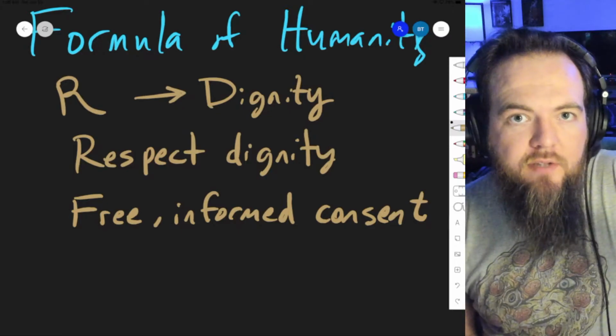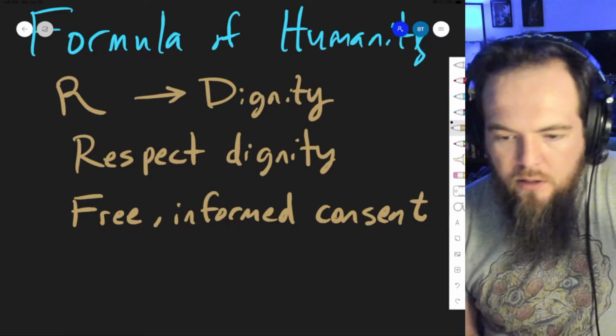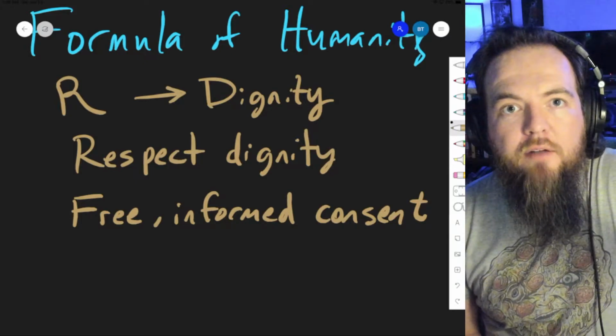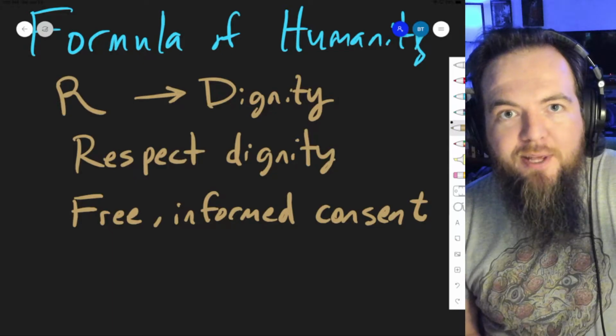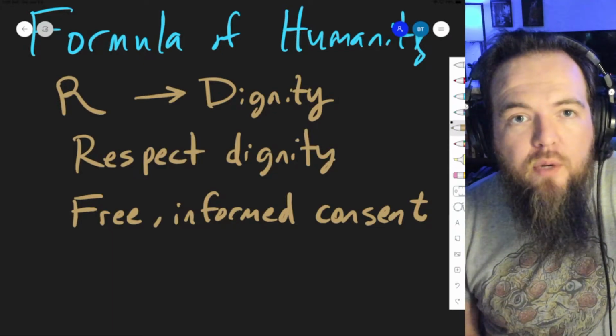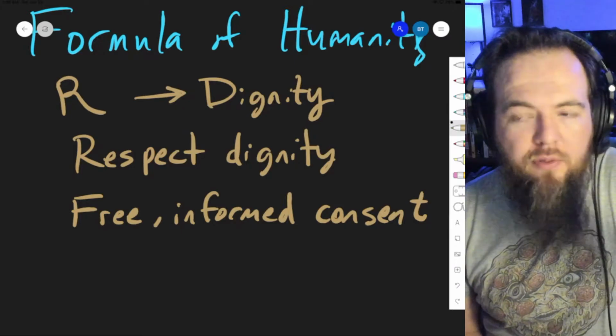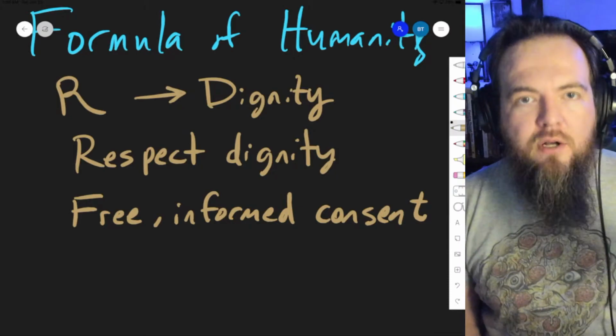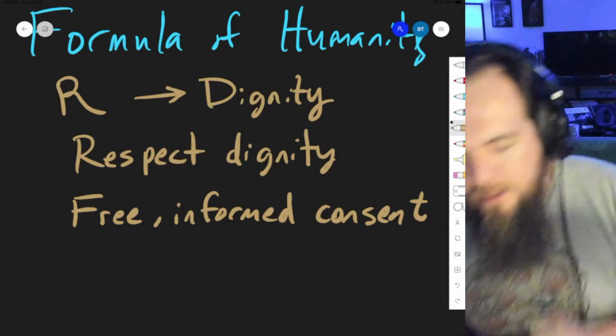Why do we think that this is really important? Well, look, if a doctor is about to do a procedure for you, we think that, first of all, you can't be forced into doing this, right? Whether someone is pressuring you to do it, even though you really don't want to do it, we don't think that's okay. That's not you agreeing to do something because you want to do it. You're being forced into it. So we don't like that.